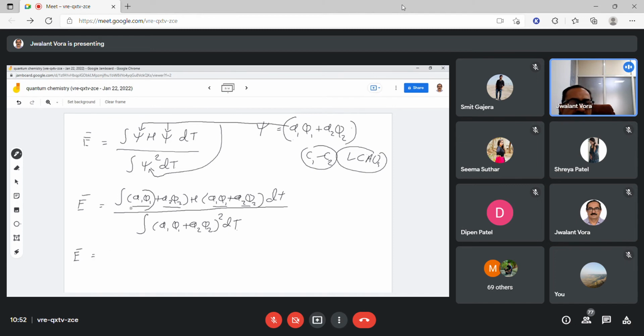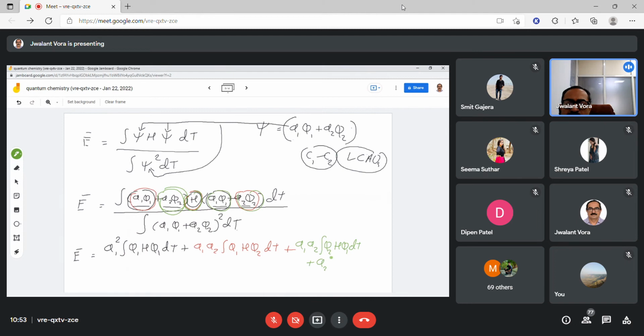પહેલો આ પાર્ટ લઈએ a1 phi1 H a1 phi1. So a1 into a1 square, બાકી પાર્ટ રહ્યો phi1 H phi1 d tau plus a1 phi1 H a2 phi2, a1 a2 phi1 H phi2 d tau. થર્ડ પાર્ટ લીધો a2 phi2 H a1 phi1, a1 a2 phi2 H phi1 d tau plus a2 phi2 H a2 phi2.